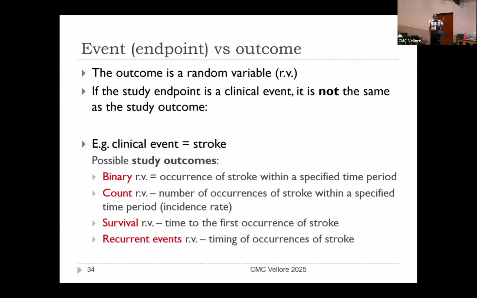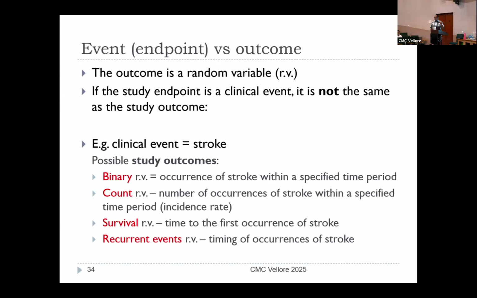And so I take an example, stroke. Stroke is a clinical event. You get this clinical problem of a stroke, but the outcome could be a binary random variable, which is the occurrence of a stroke, yes or no, within a specified time period of a year, 2 years, whatever.